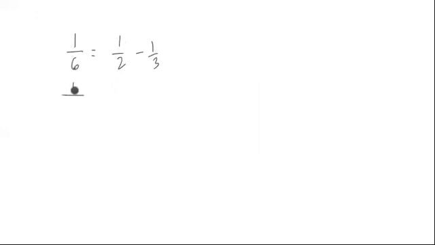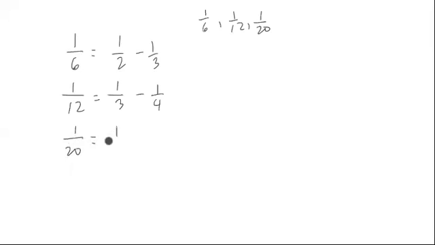The next term in the sequence, so this is not the sequence of partial sums, this is the original sequence, 1/6, 1/12, and so forth. Notice that 1/12 is the same as 1/3 minus a fourth, for the same basic reason. 1/20 is 1/4 minus a fifth, and we could keep going.